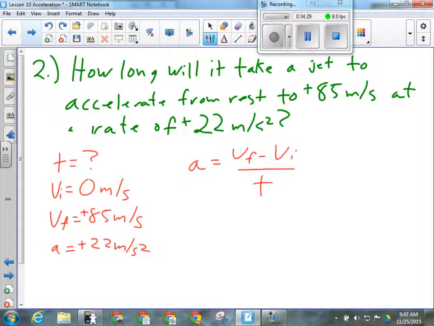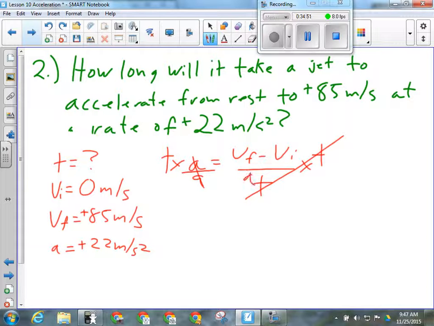Okay, how do I get t by itself? Right now I'm dividing by t, so if I want to move it, I have to do the opposite, so I multiply, and what I do to one side, I do to the other. And now I want t by itself, so I divide by a.